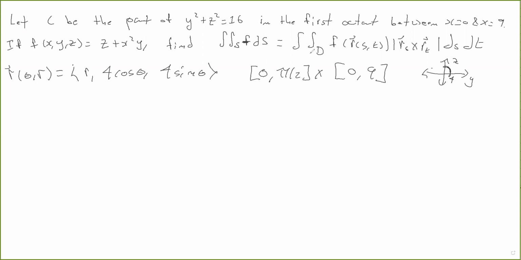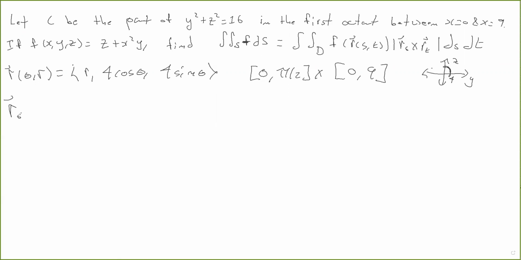Okay, so now when you're doing these integrals, whether it's a surface integral of a scalar valued function or of a vector valued function, just take your time and fill in each one of these pieces. We already figured out what r is. Now we need to figure out what this cross product is.